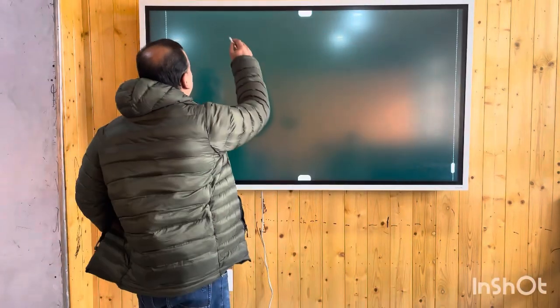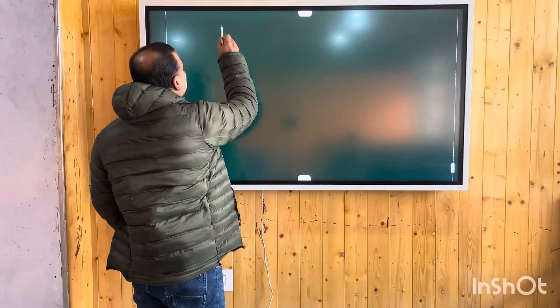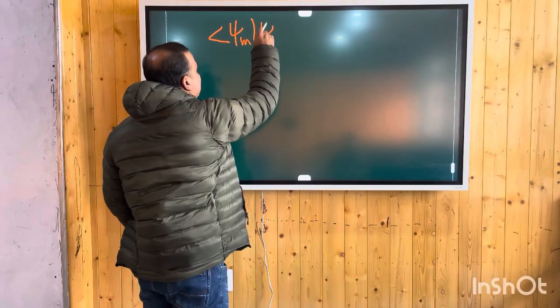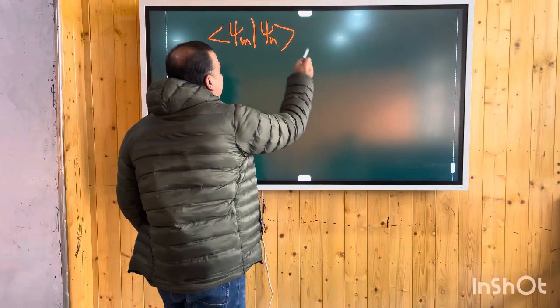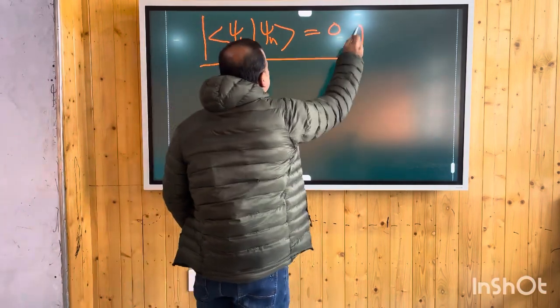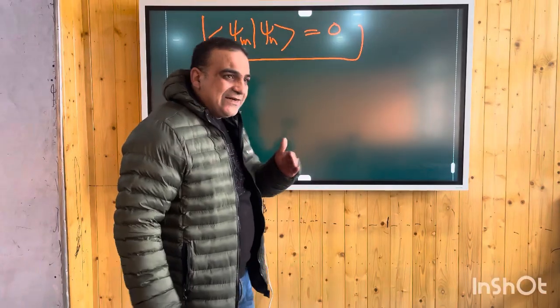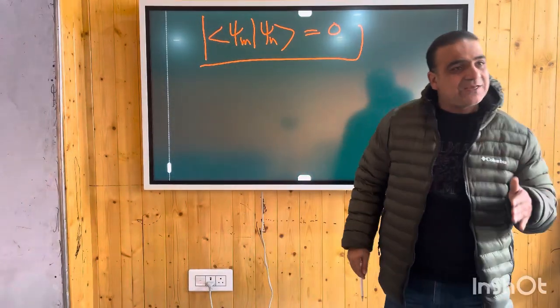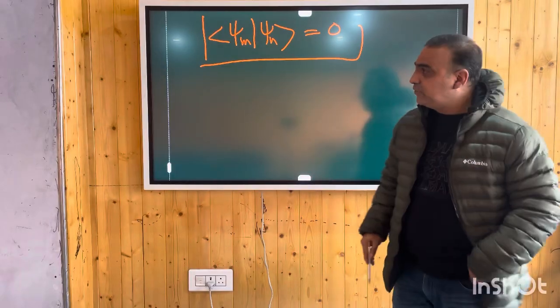So this thing is verified for this problem, that the integral of psi m and psi n leads to 0. What does this mean? This means that the different states existing in the Hilbert space are orthogonal to each other.